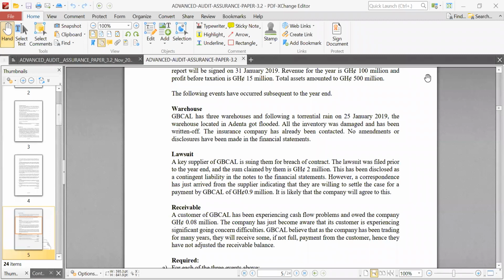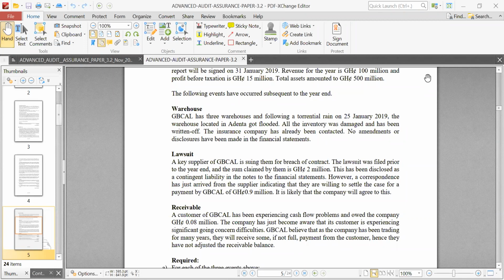I have a question. The lawsuit paragraph. There seems to be another information over there. It says, however, a correspondence has just arrived from the supplier indicating that they are willing to settle the case for a payment by GB Car of 0.9 million cedis.